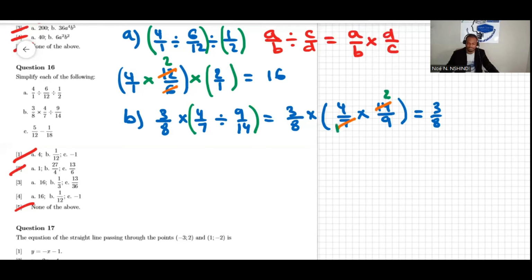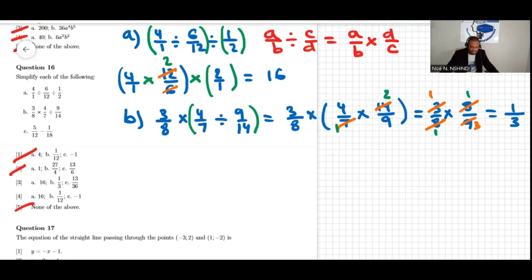Then 4 times 2 is 8, and 1 times 9 is 9, so 8/9. Again, we can simplify across 8 with 8, and 1 is left there, 1 left there. We can also simplify 3 with 3, giving 1 here and 3 there. The answer is 1 times 1 is 1, 1 times 3 is 3, so a third.